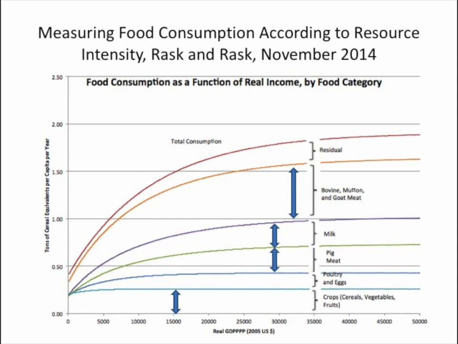Again, the reason why wealthier people consume more calories is not necessarily because they're eating more calories per day, although they do. It's more because they are eating more livestock-related foods. Livestock have to eat cereals and proteins to grow, and when we account for those in their livestock diet, our calorie consumption increases over time.